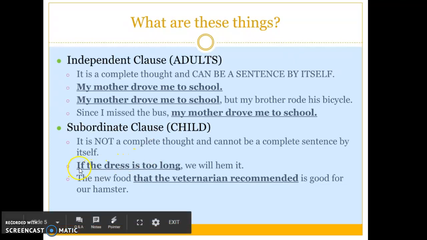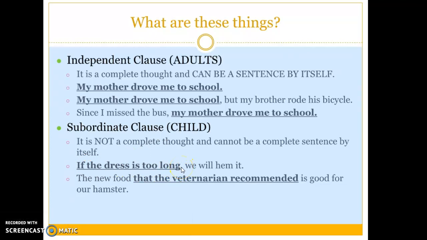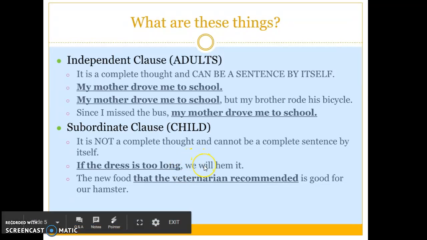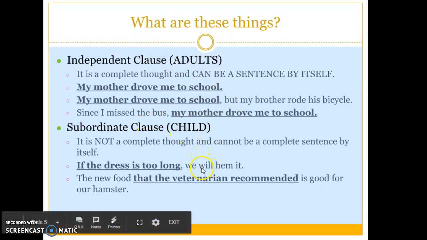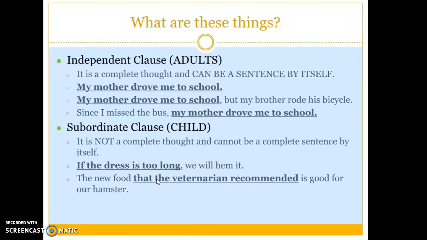So examples of these. If the dress is too long. Well, I could never put a period here and end it because that's an incomplete sentence. So I have to add an adult, or an independent clause, to help out our child, or subordinate clause. So if the dress is too long, comma, we will hem it. Or the new food that the veterinarian recommended is good for our hamster.